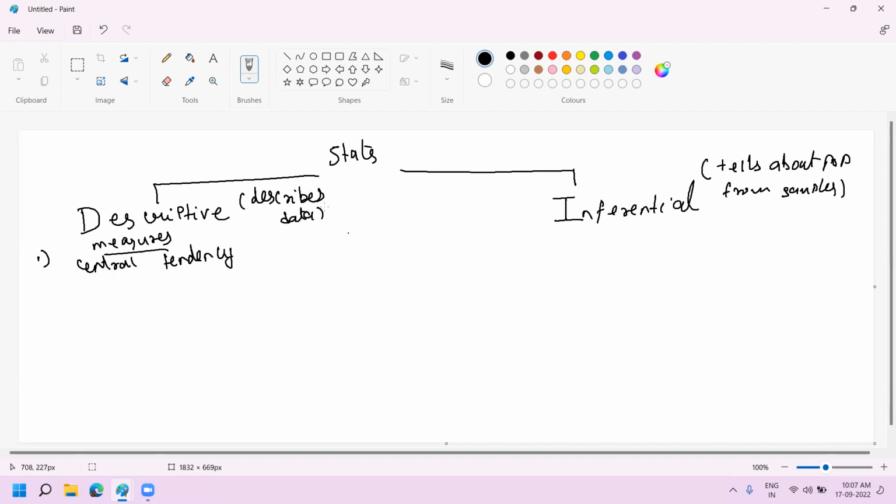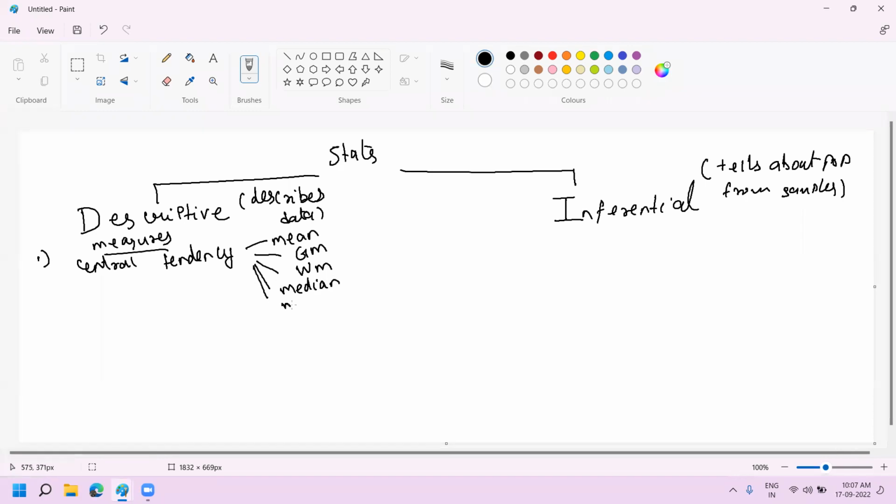Under central tendency, what are the different measures? Mean. We have geometric mean. Then we have weighted mean. These are the main measures that we use. Okay. Mean is the arithmetic mean. GM is geometric mean. WM is weighted mean. Then we have median.